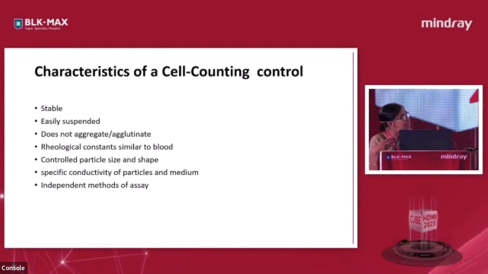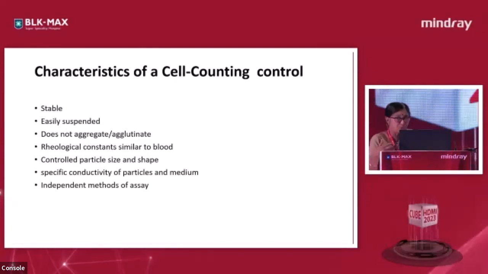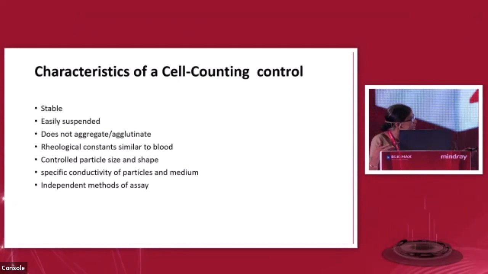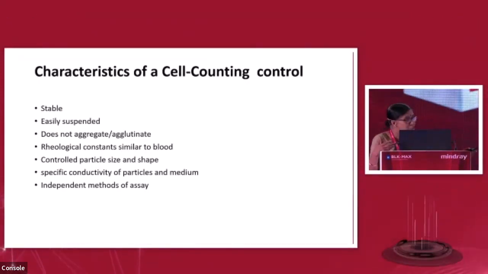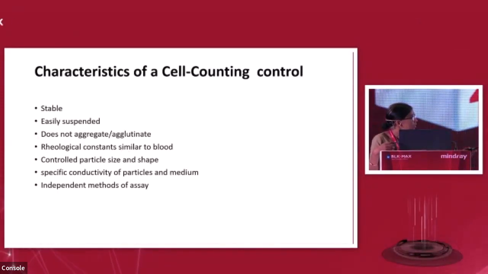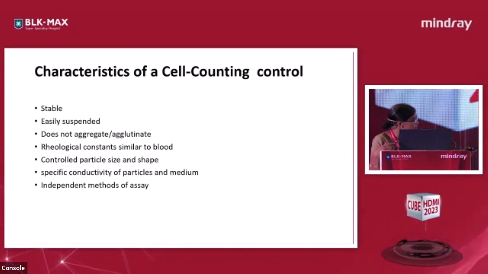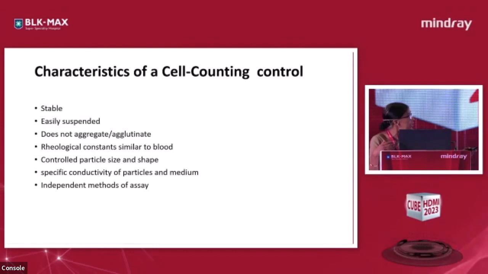So when we talk about the cell counting control, what are the characteristics that we look for? Of course, it should be stable, easily suspended, does not agglutinate. The rheological constants should be similar to the blood that is routinely used. The controlled particle size and shape contribute to these characteristics, with specific conductivity of the particles and the medium.